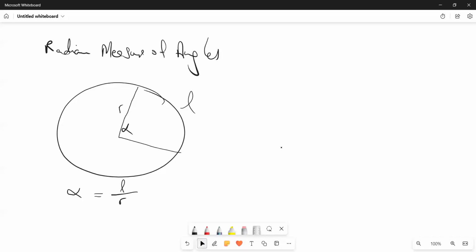And this measure of angles takes on greater importance in the study of calculus. Because in calculus, there's that assumption that when you're dealing with small changes, right? A lot of the findings were based on a small change taking place.